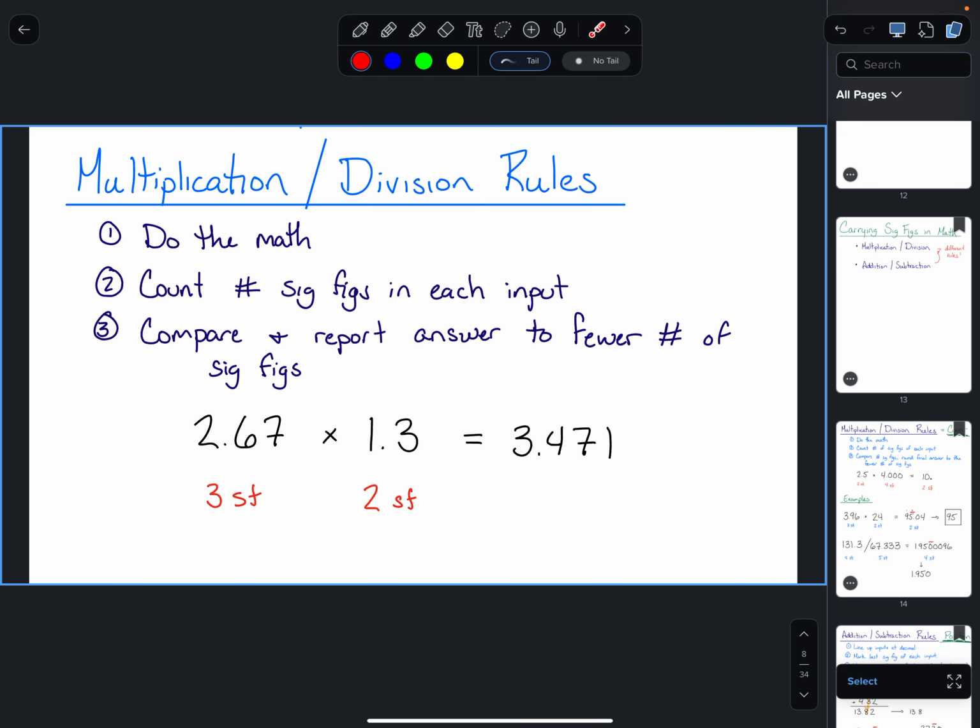So I'm going to compare 3 sig figs and 2 sig figs. Which number is fewer? 2. So that means I'm going to round my final answer here to 2 sig figs.